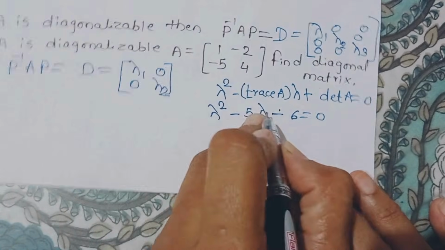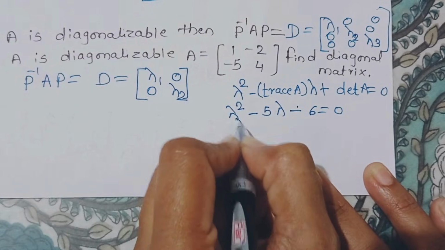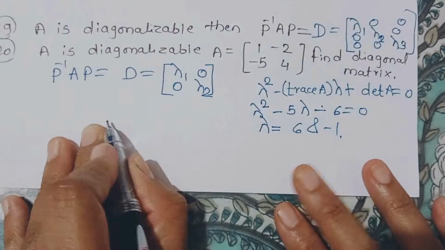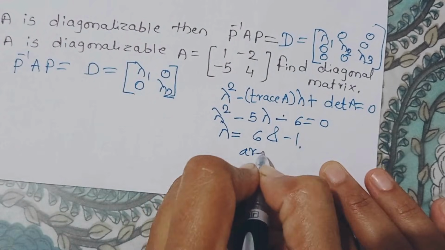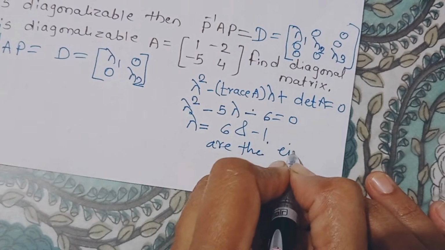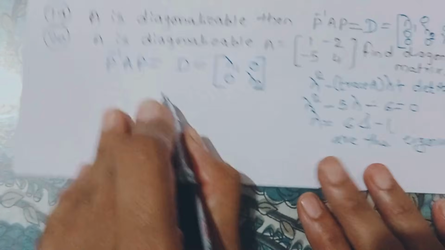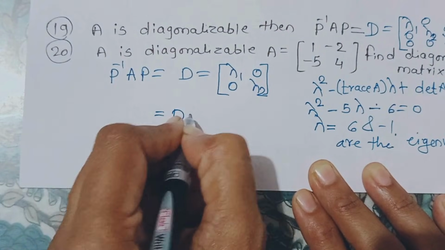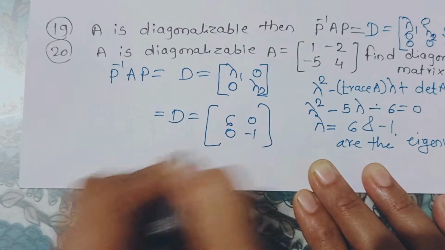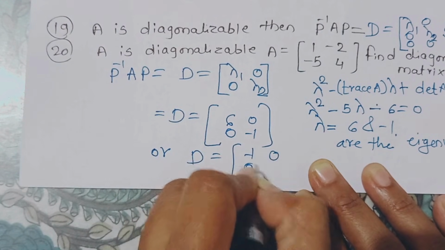So this is the characteristic equation and the values of lambda, 6 and minus 1, are the eigenvalues. So this matrix D is equal to 6 0 0 minus 1, or you can write D as minus 1 0 0 and 6.